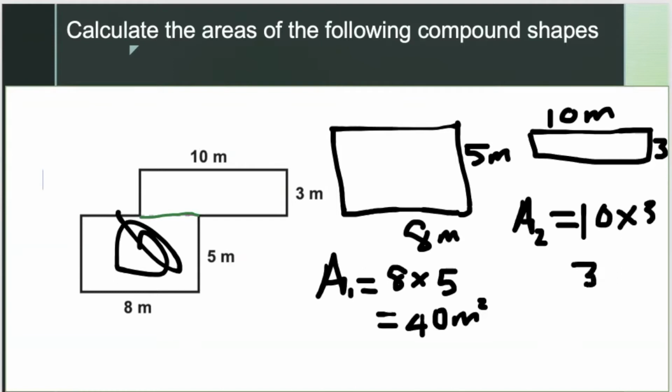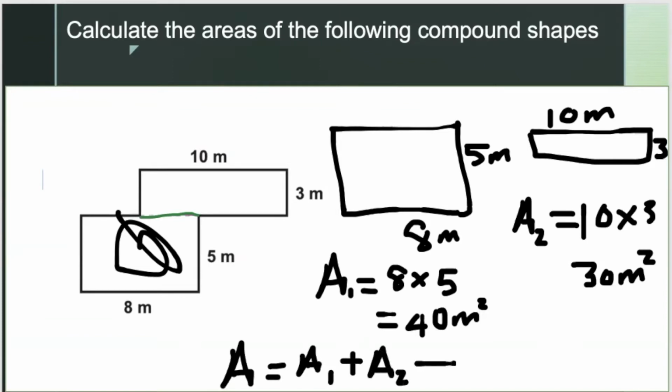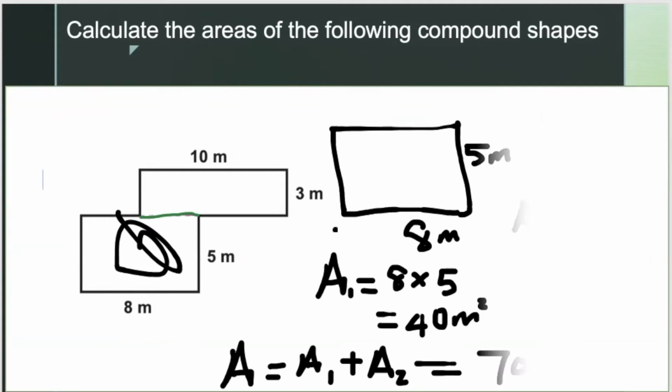So that will be 30. Right, my units, meter square. So the entire area of this is equal to area 1 plus area 2, and that will be equal to 40 plus 30, that's 70 meters square. And that's the area of the compound shape.